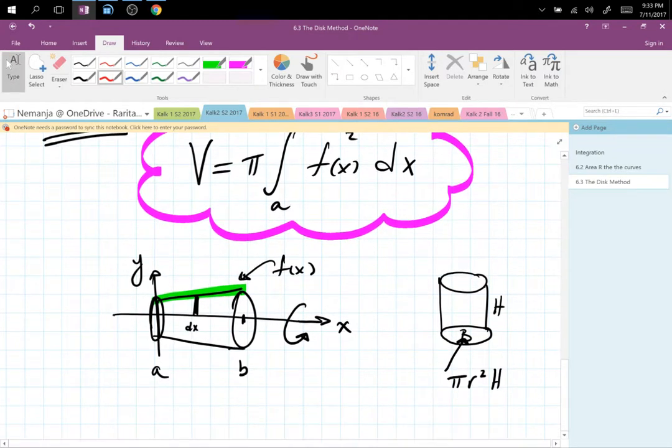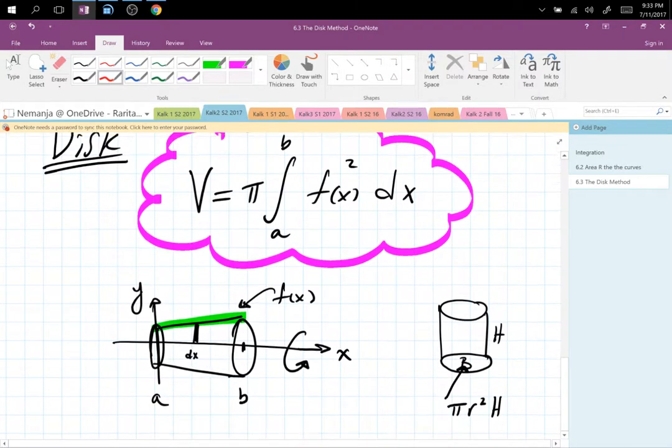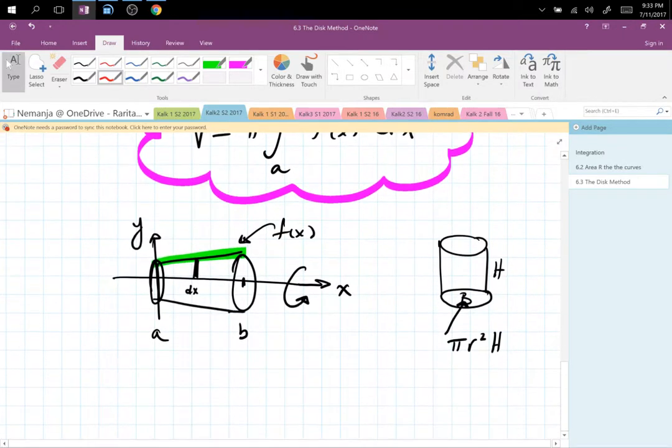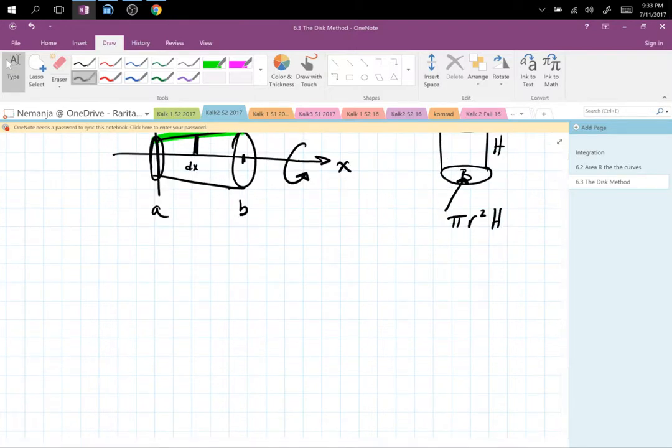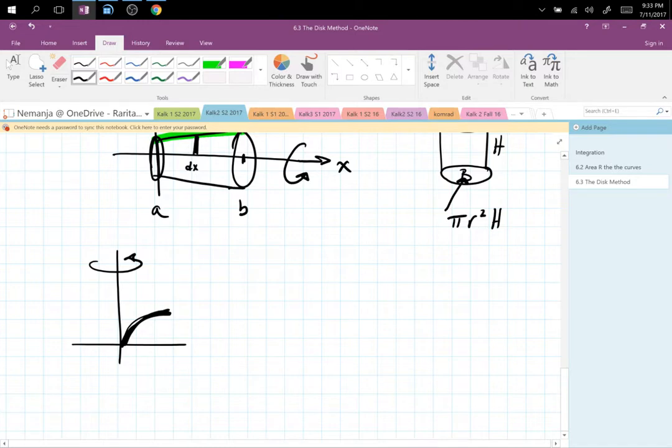So now you have this formula, and then you realize that you can also rotate around the y-axis. So now I can come up with, I don't know, let's say a function like this, and if I rotate that on the y-axis, it will look like this.